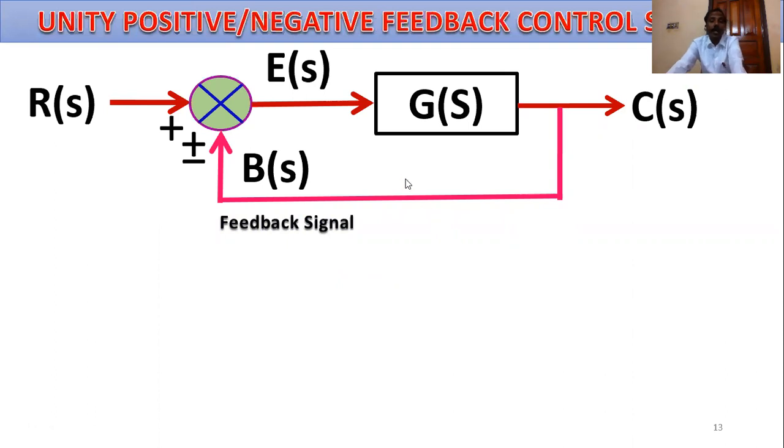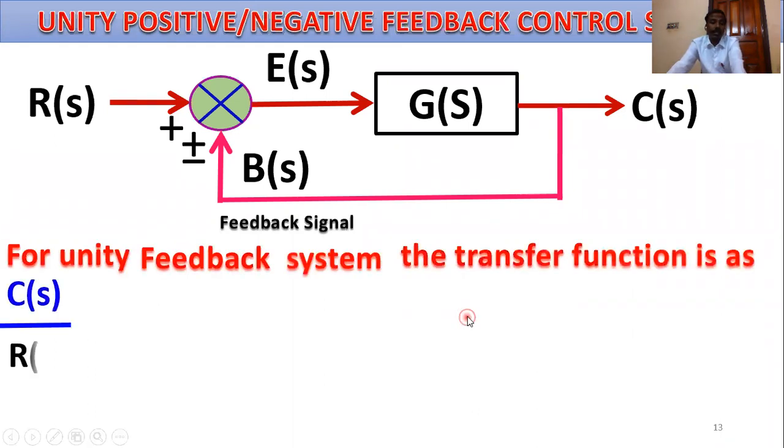Then unity feedback, negative or positive control systems. A unity feedback control system is one where H(s) equals 1. This is called the negative or positive unity feedback closed loop control system.